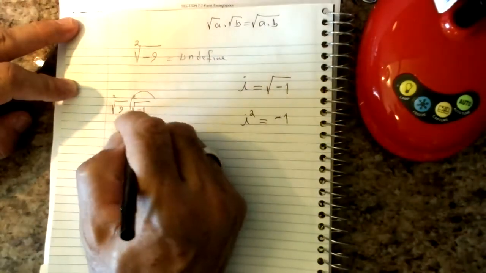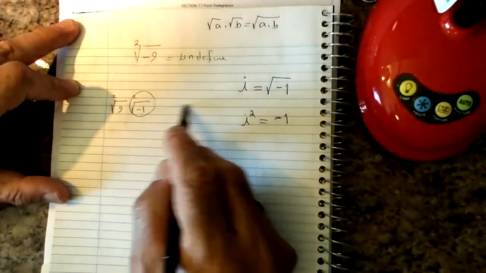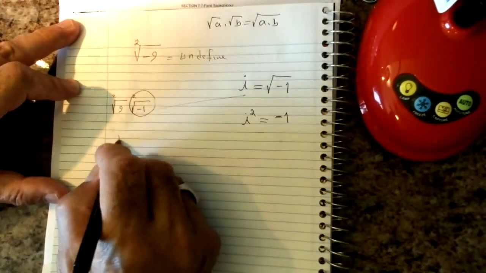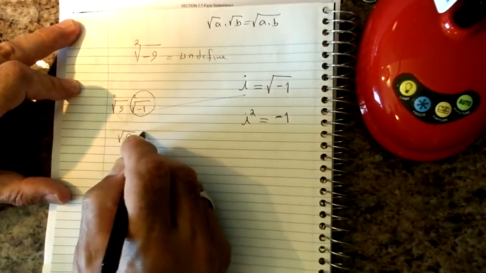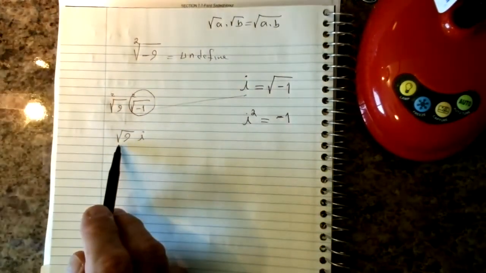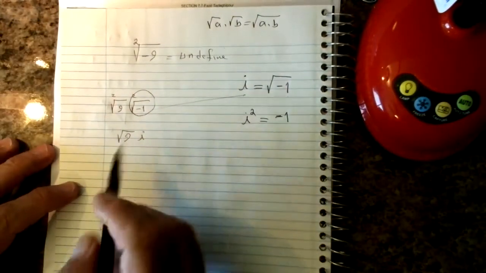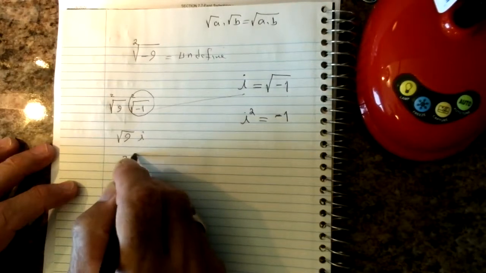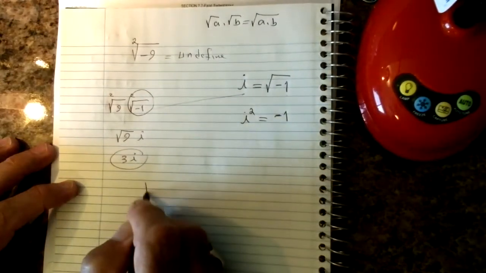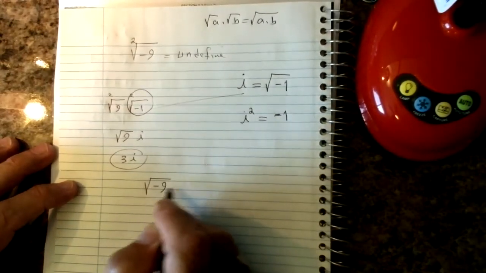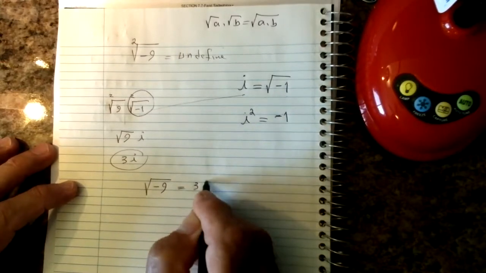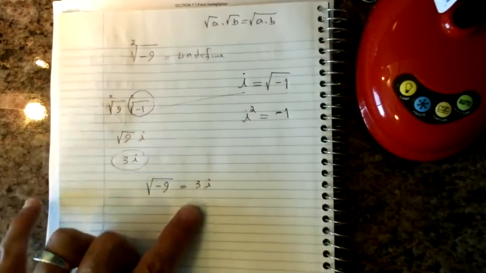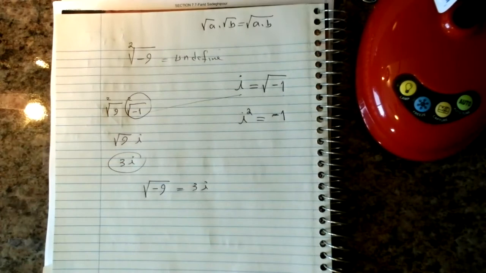But according to this definition, we replace the square root of -1 with i. Now radical 9, since this is positive, is 3. So radical -9 is equal to 3i. It doesn't have a real number, but it has an imaginary value of 3.